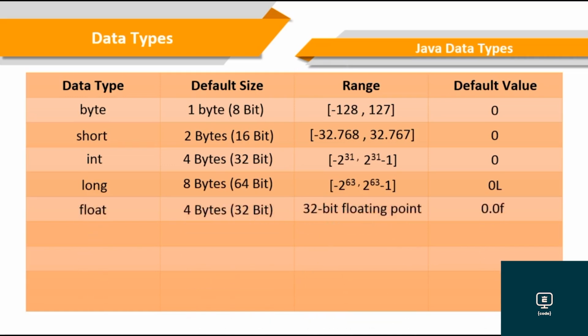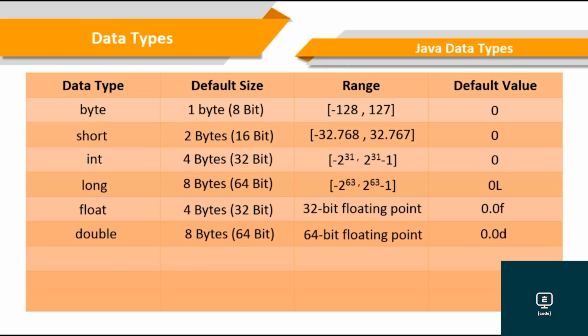Float. The float data type is a single precision 32-bit floating point. If you need to save memory in large arrays of floating point numbers, you should use a float instead of double. Double. The double data type is a double precision 64-bit floating point.